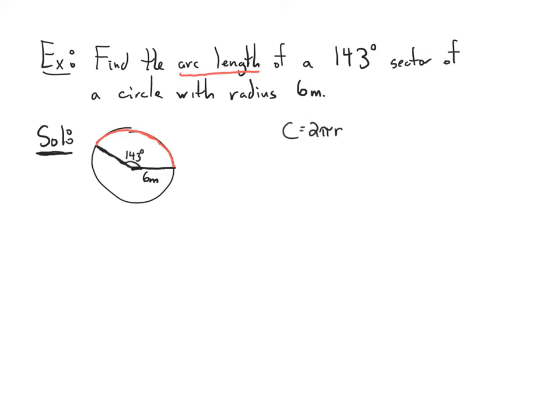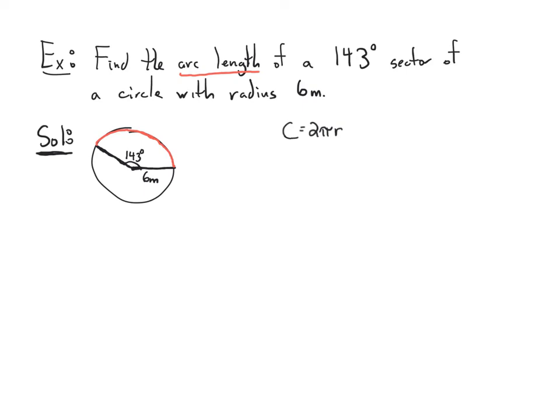Remember that we have 143 degrees of our circle, so that's the sector here. Think about how you can use that to solve for this arc length. Remember, degree just means 1/360th. So if I have 143 degrees, I have 143/360ths of the circle. So think about that. Pause the video now and try this problem.